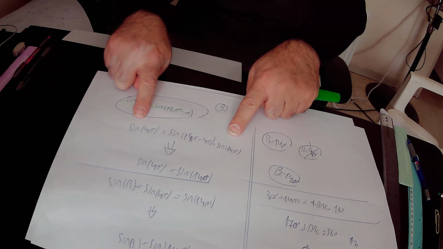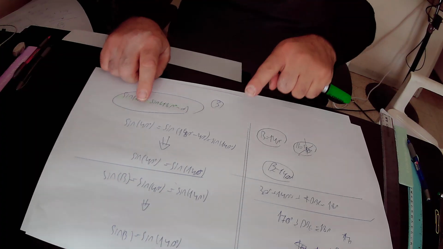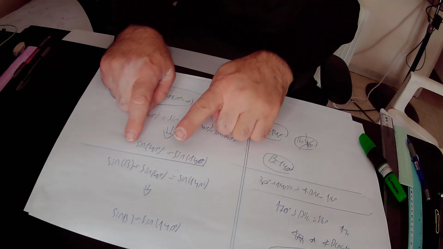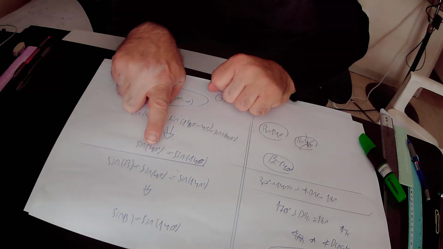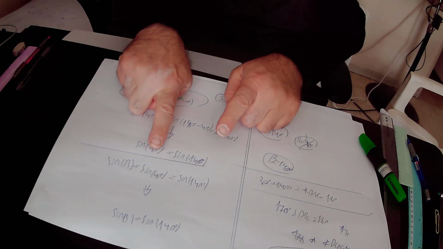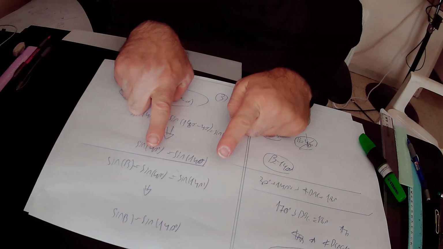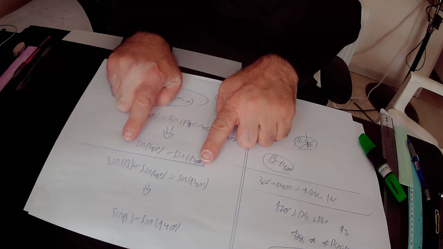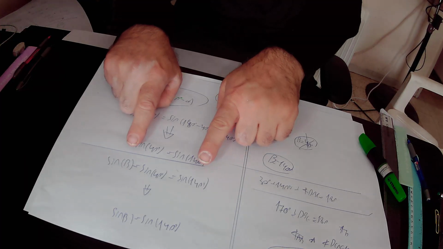From this equation, we have that sine 40 degrees equals sine 140 degrees. Those two sides of the equation are equal to each other. But we already found out that sine beta equals sine 40 degrees, so we can add to this equation that sine beta also equals sine 140 degrees.